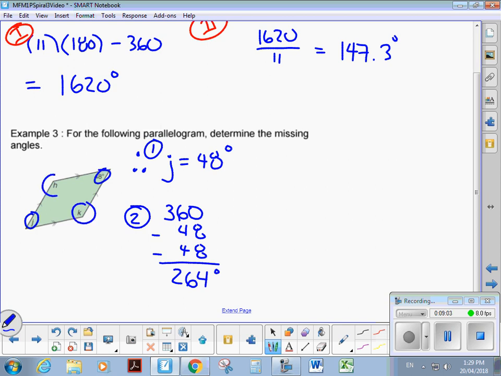These 2 angles add up to 264 degrees, and they are equal. So H and K are equal, and they share that 264 degrees. So we divide that by 2, and each of them will be 132 degrees.